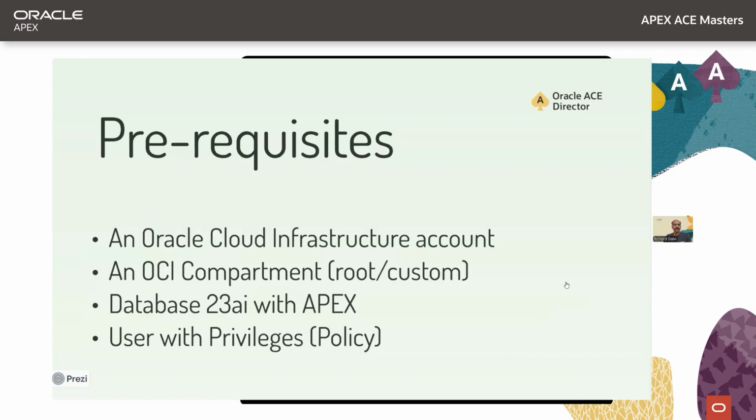We need a 23AI database with Apex. You can also run this in a 19C database. But 23AI is a vector database and also gives you the machine learning features. Finally, you should have an active user account with the necessary privileges and policies to access different OCI services.